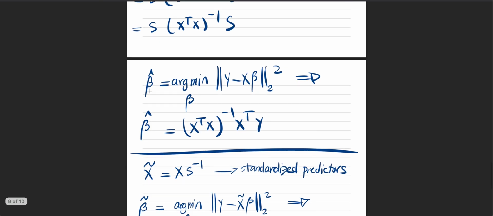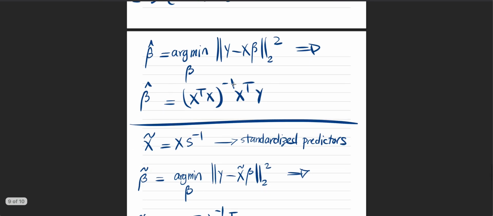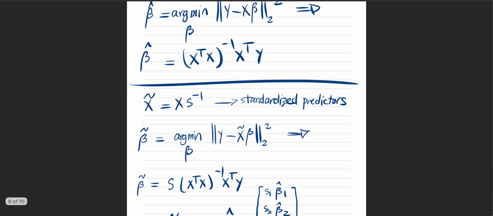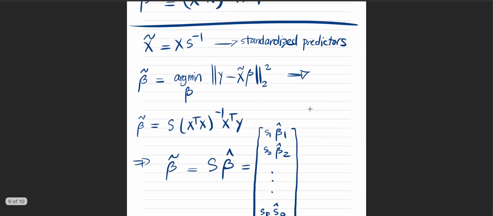So to summarize, if you are fitting this regression model, which is unstandardized, beta hat is X transpose X inverse X transpose Y. If you standardize the predictors, beta tilde is just S times X transpose X inverse X transpose Y. This is beta hat, so beta tilde is S beta hat.